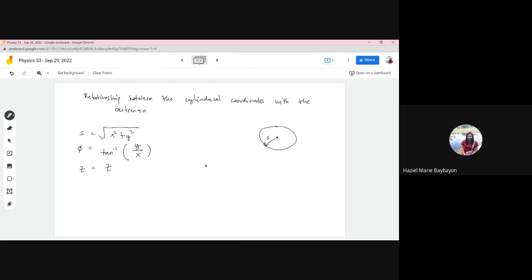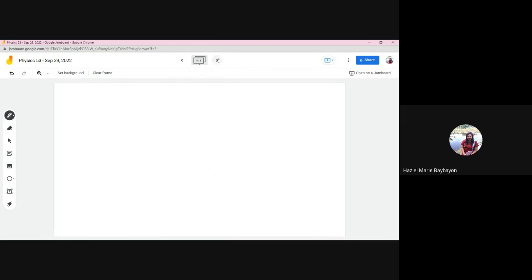Okay, so let us solve this problem. We have a problem here. Given this vector function V equals s multiplied by 2 plus sine squared phi s hat plus s multiplied by sine phi cosine phi phi hat plus 3z z hat.